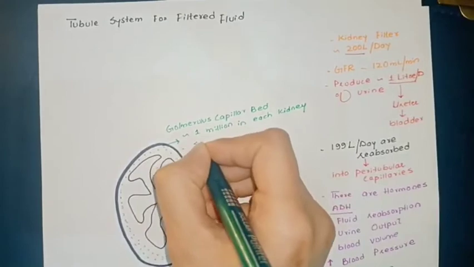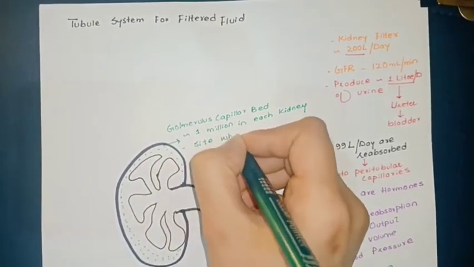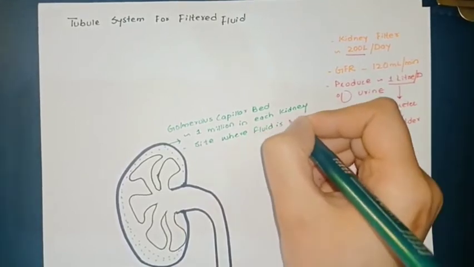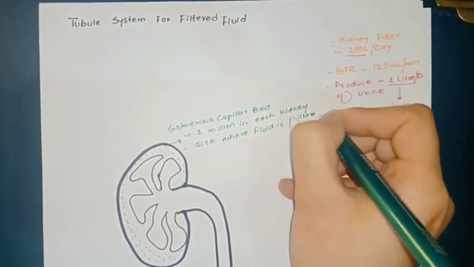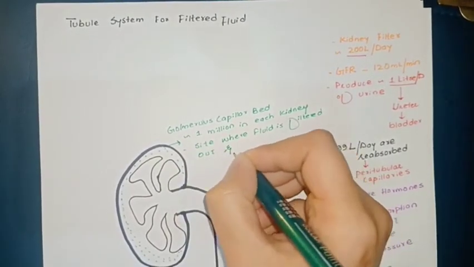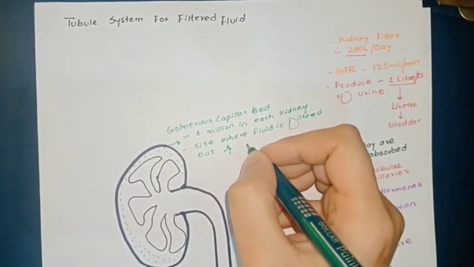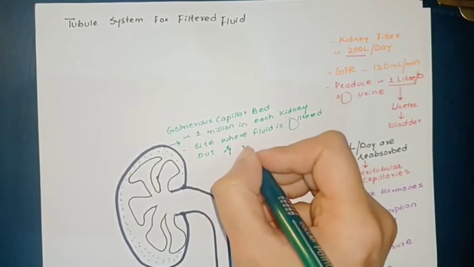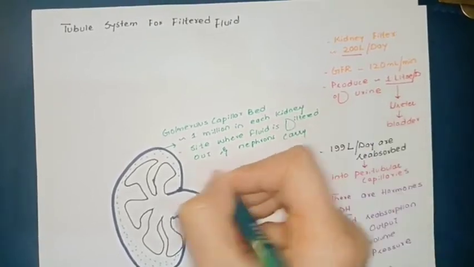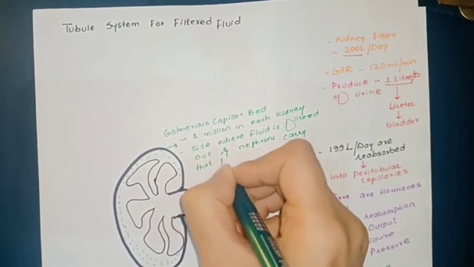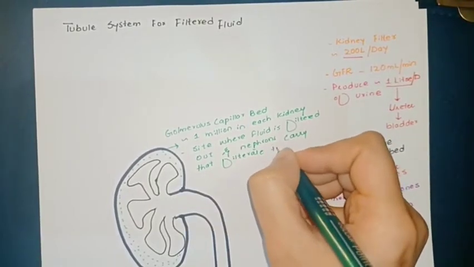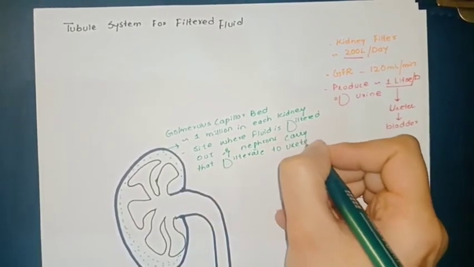These are the sites where fluid is filtered out and nephrons carry that filtrate to the ureter.